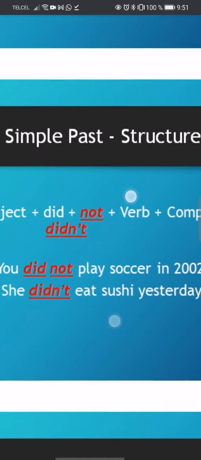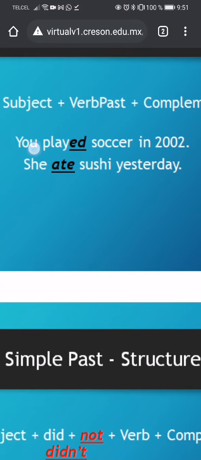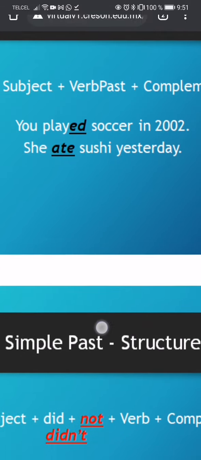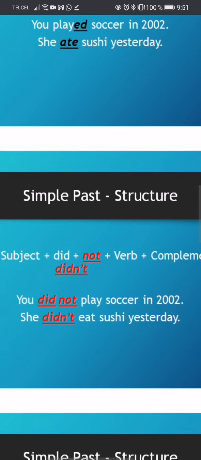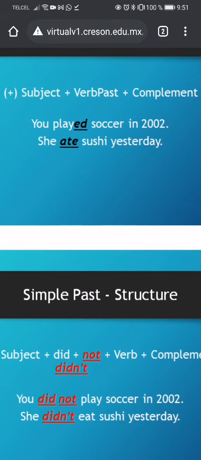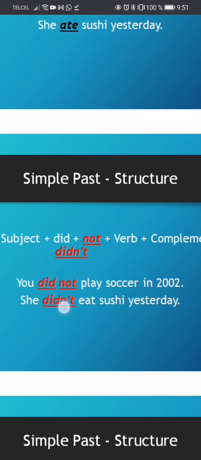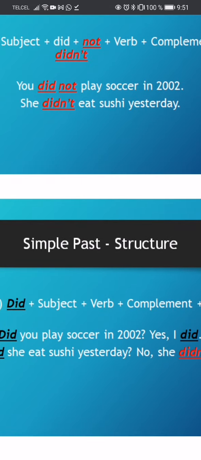So in affirmative, we have you played soccer. In negative, you did not play soccer. Okay. In affirmative, she ate sushi. In negative, she didn't eat sushi. You notice the verb play is in present, eat is in present. Okay. That is the important part.